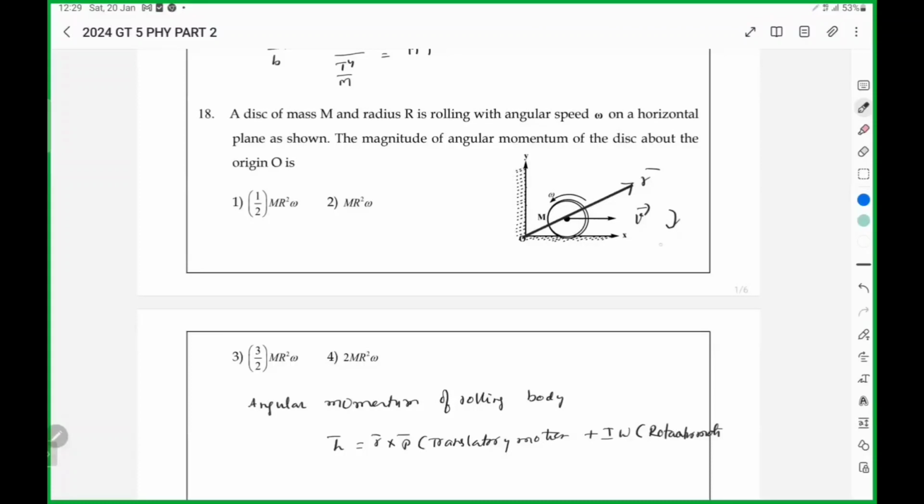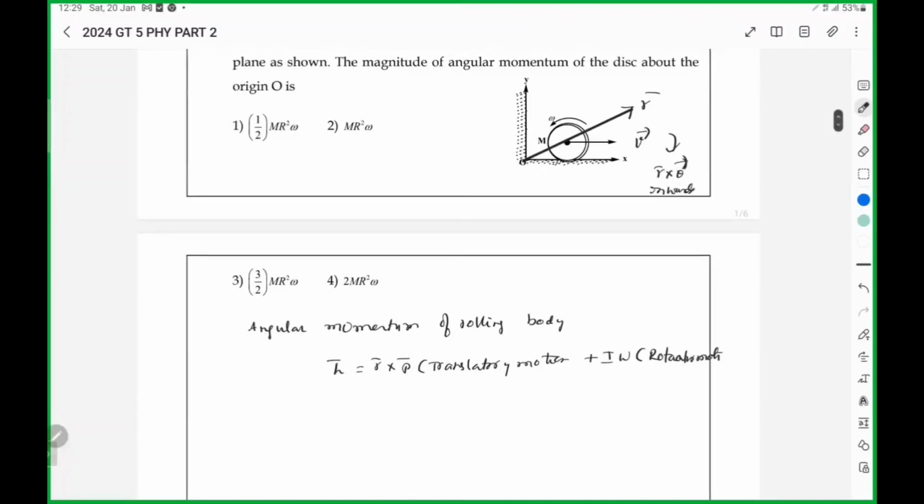R to V means R cross V direction will be inverse. So this is MVR, R perpendicular. This is inverse. So here I omega, it is moving anti-clockwise. Omega angular velocity, it is outwards.